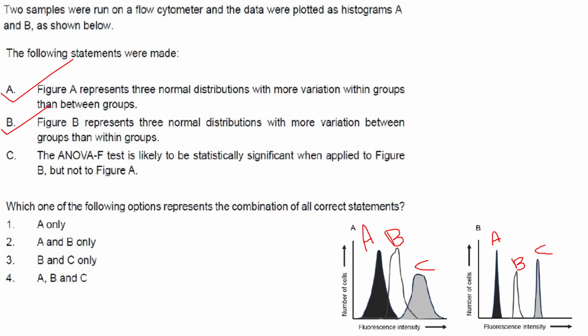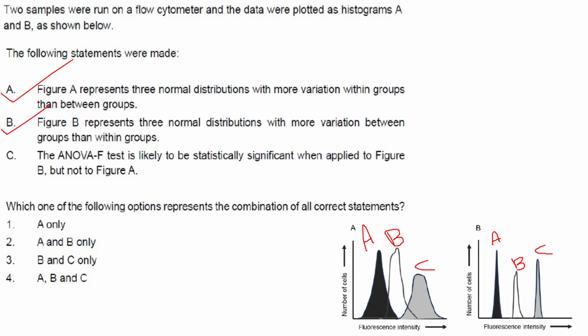Then, the ANOVA F test is likely to be statistically significant when applied to figure B but not to figure A. The ANOVA test is used to determine if there is any significant difference between the means of groups. It will show significant variation if the variation between groups is larger than within the group.